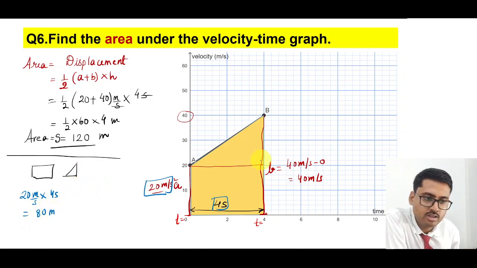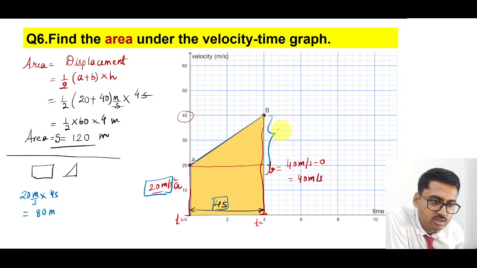And for the triangle, your height is going to be like 40 and 20. So if I find the difference, this will be 40 meter per second minus 20 meter per second, and that is equals to 20 meter per second. That is the height of the triangle, and the base will remain as 4 seconds.